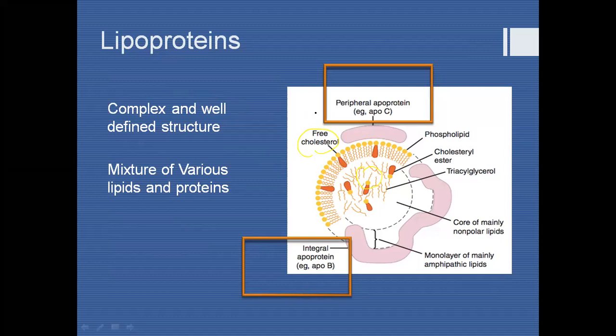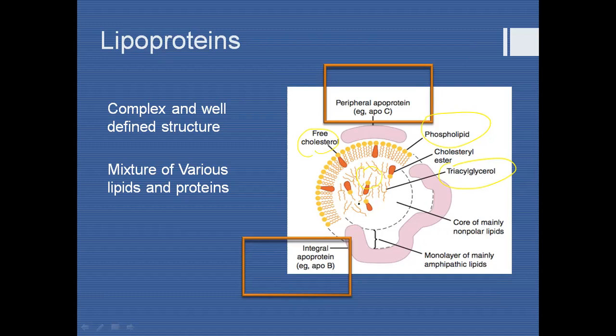Along with that, in the peripheral part, there will be phospholipids, and in the center core, another important thing will be the triacylglycerol. So you should know the basic structure of lipoprotein and try to draw a simple diagram of lipoprotein in case there is a long question on lipoprotein.